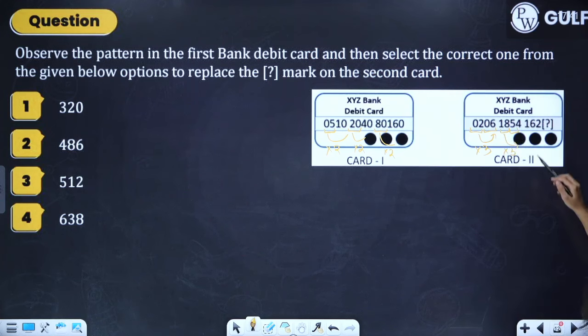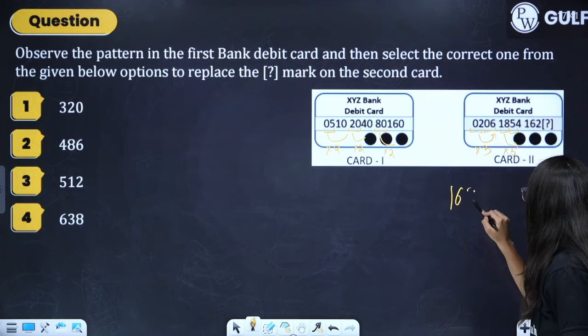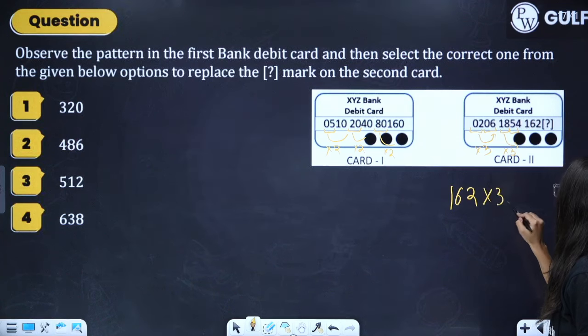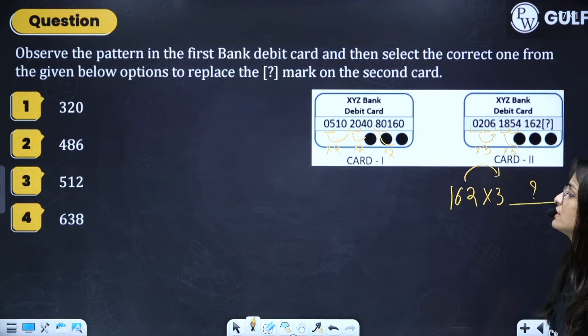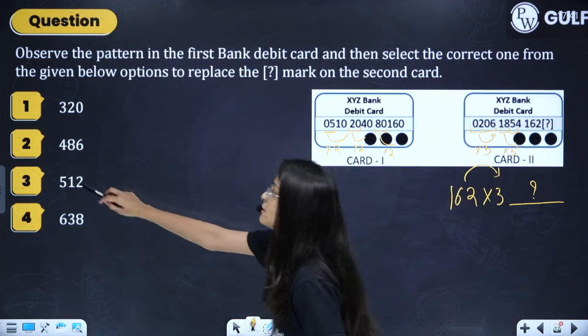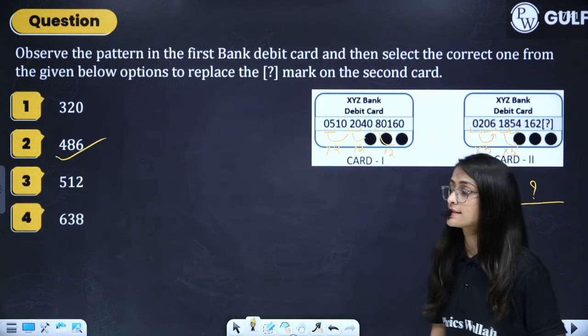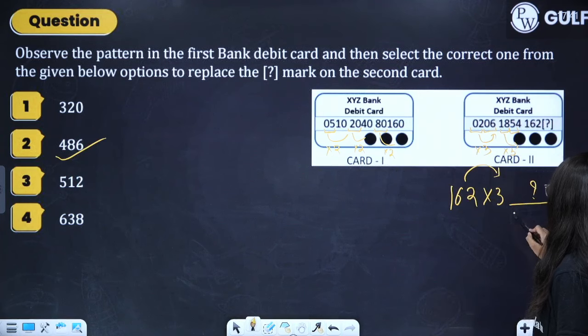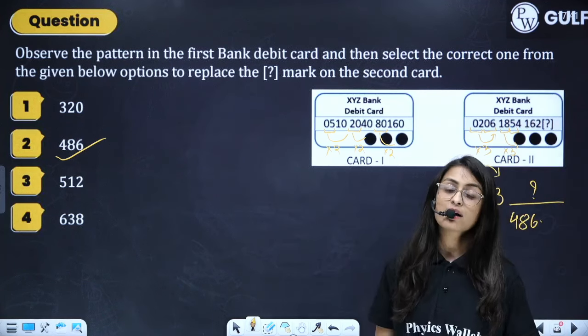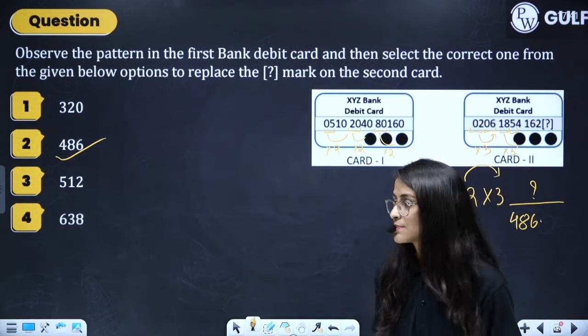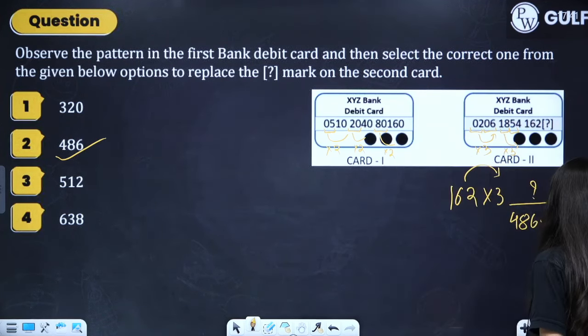So here I need to multiply 162 by 3 to obtain the number in the question mark. You all also multiply with me. 162 multiplied by 3 gives you 486. That means the number in the question mark will be 486. Hope the question is clear to you all.